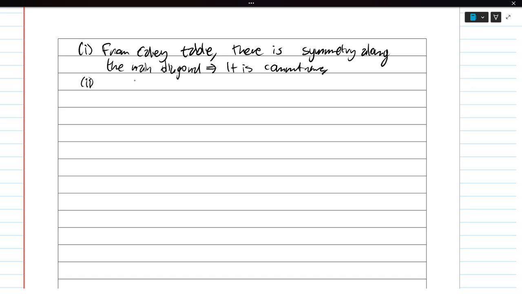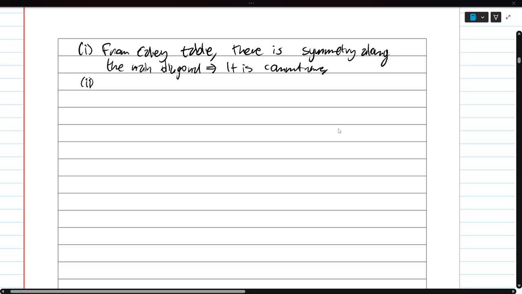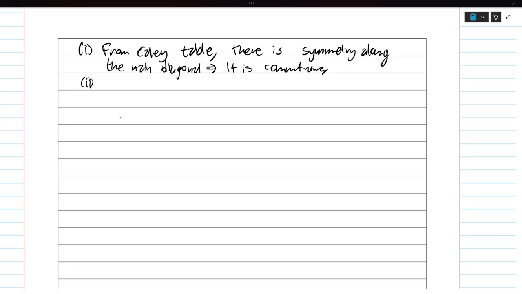Then for part 2, state the number of subgroups of G which are of order 2.